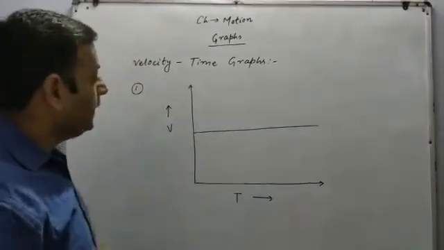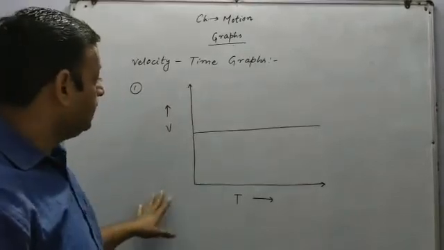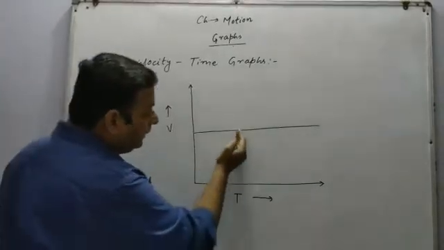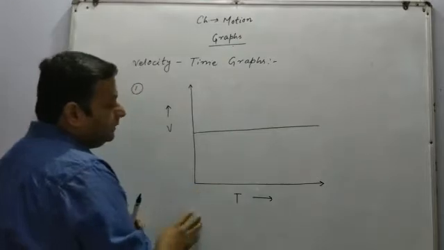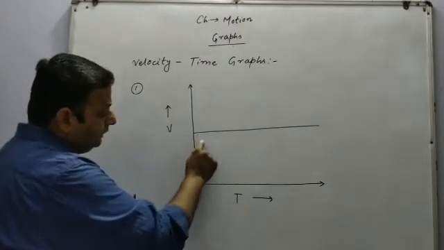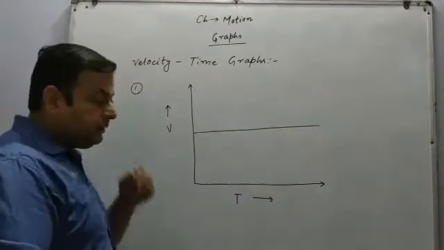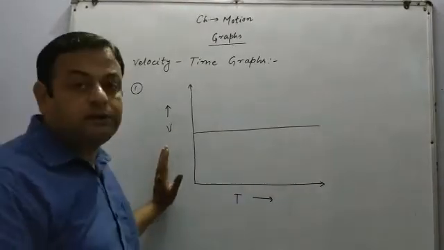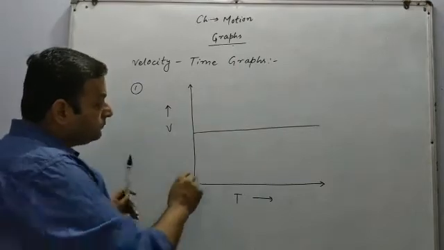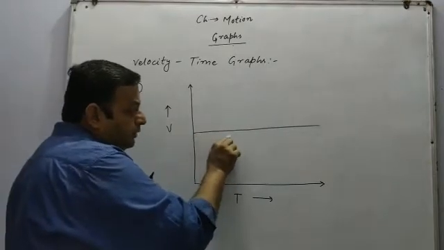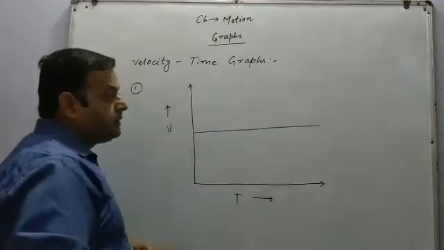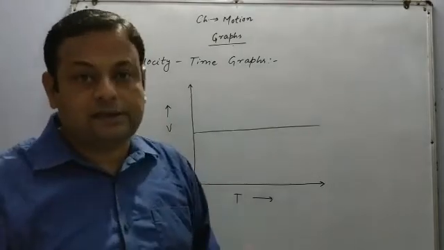Now according to this graph, what we are able to observe is that the height of the graph line remains constant. Means the height of this point from the x-axis and the height of this point from the x-axis would be same. It means velocity is not changing. But the graph line is moving horizontally along the x-axis, which represents that time is increasing in this graph.